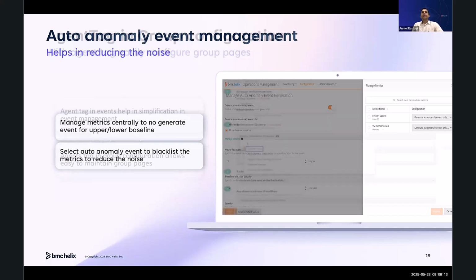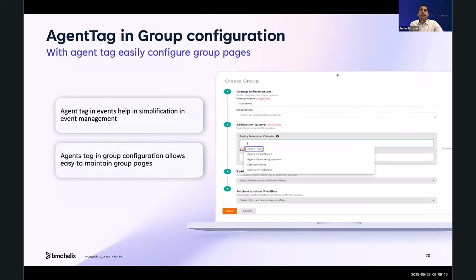Now moving on to the next part, which is the agent tag introduction into the group configuration page. What we have seen is that when a customer deploys their agent, they tag it, like my Patrol agent is having Windows monitoring as well as SQL monitoring.